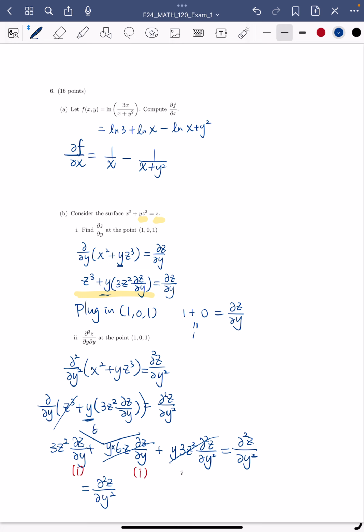You have to differentiate again with that 3z. No, it's squared here.